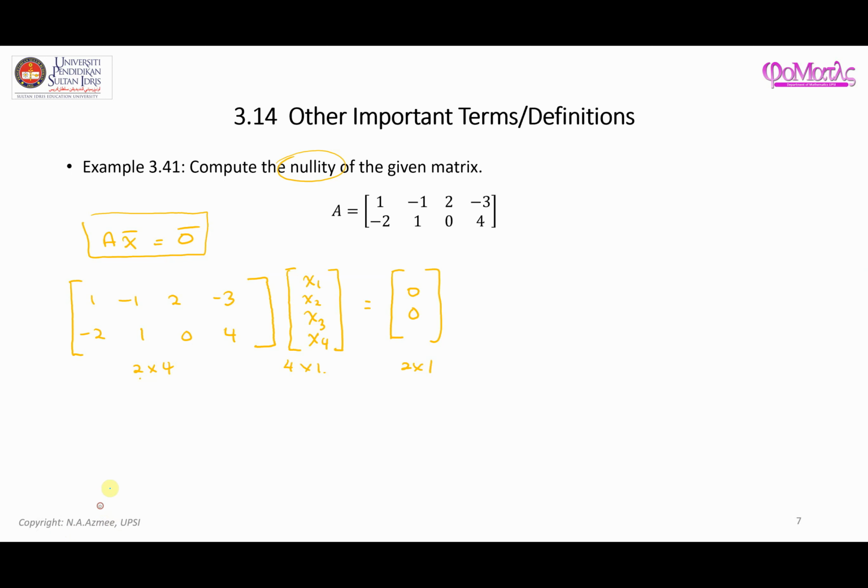So the augmented matrix will look like this. We have 1, -1, 2, -3, -2, 1, 0, 4, 0, 0.